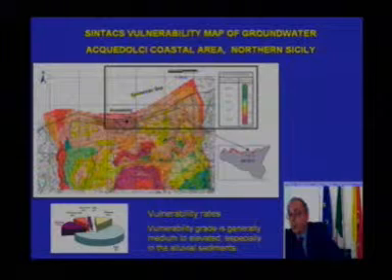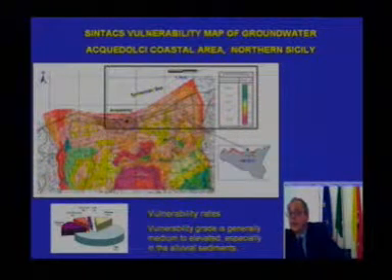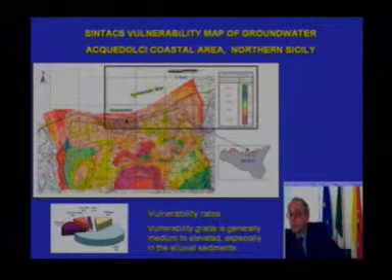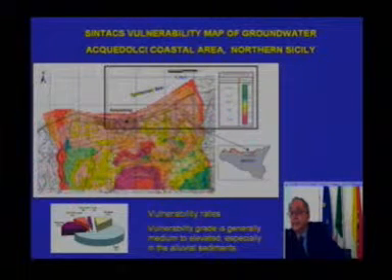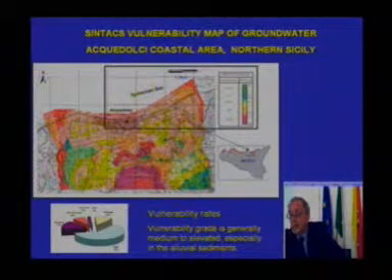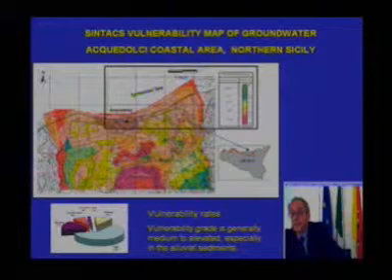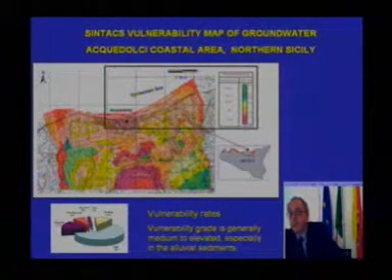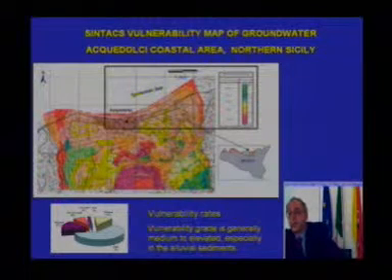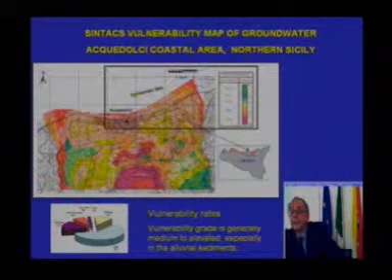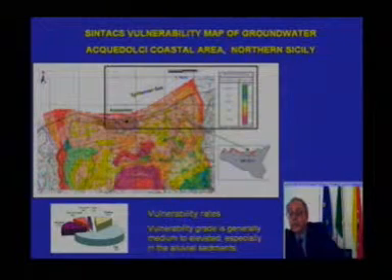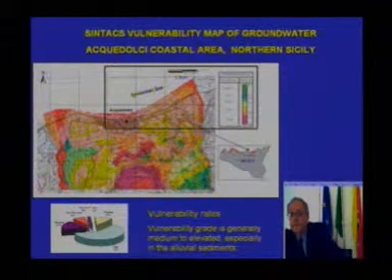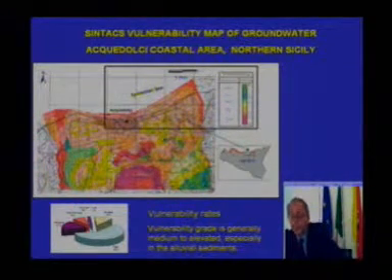This is a coastal territory affected by a phenomenon of sea encroachment that pollutes the aquifers heavily. It is very important to establish the rates of vulnerability, and in this zone we recognize different vulnerability grades, generally medium to elevated, especially in the coastal alluvial sediments.